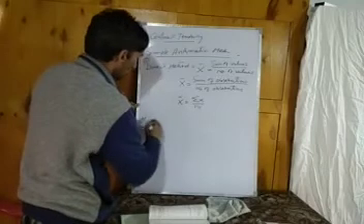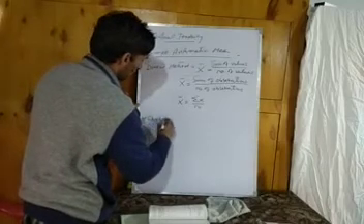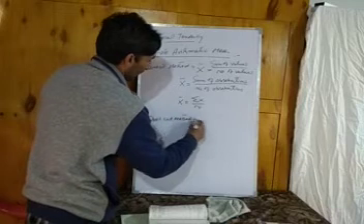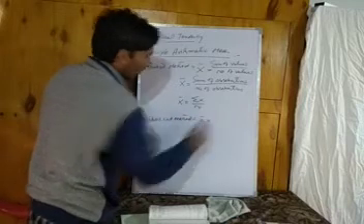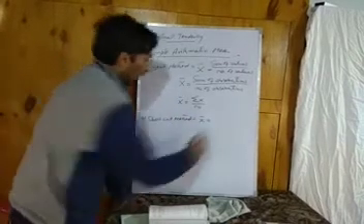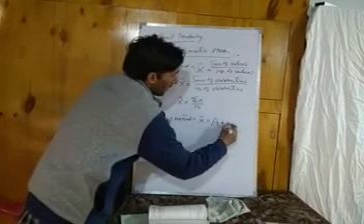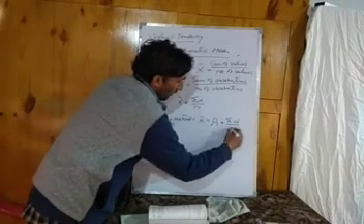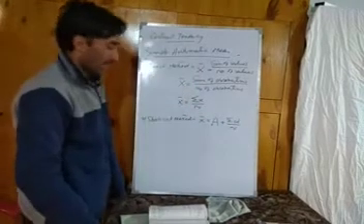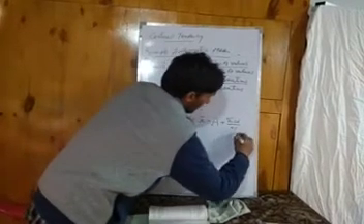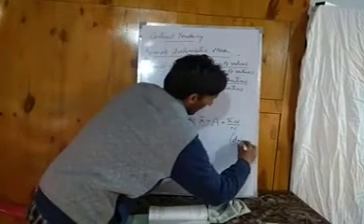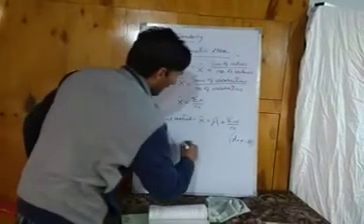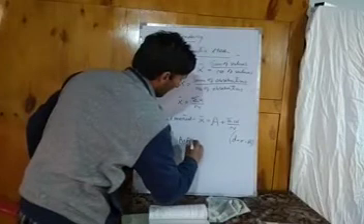And the next is the shortcut method. In the shortcut method, x bar is equal to a plus summation of d divided by n. d is always equal to x minus a. Then what is this a? A is the assumed mean.